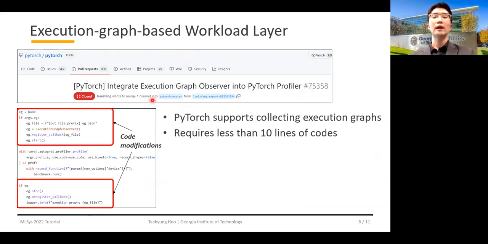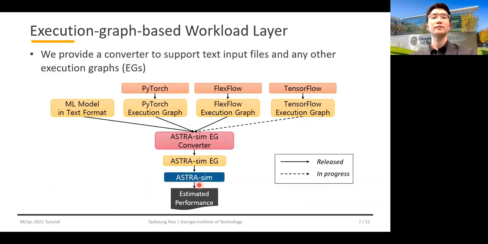As you can see on the left, less than 10 lines of code are enough to generate execution graphs. Moreover, we provide a converter to convert execution graphs in any format into a common execution graph format called ASTRA-sim execution graph. Additionally, the converter supports conversion from text-based inputs to ASTRA-sim execution graphs.